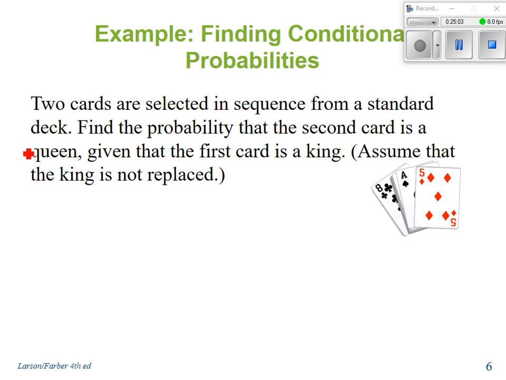Two cards are selected in sequence from a standard deck. Find the probability that the second card is a queen, given that the first card is a king. Assume that the king is not replaced. So our probability is going to look like this: the probability that we get a queen given that we already have a king laying here in our hand.